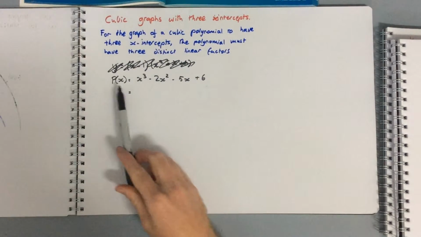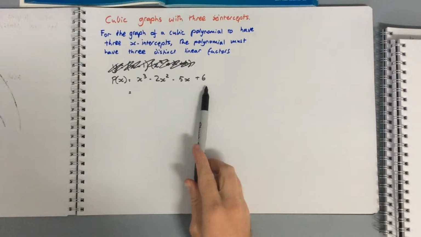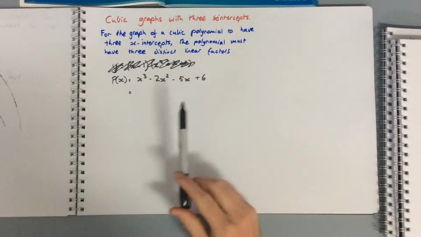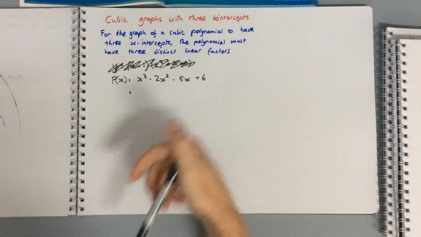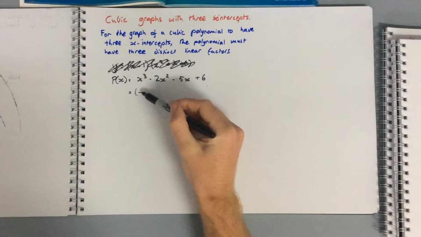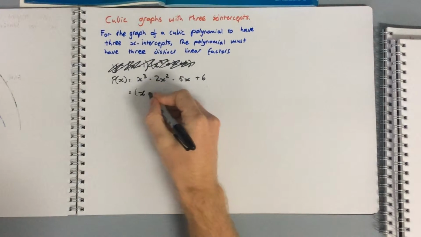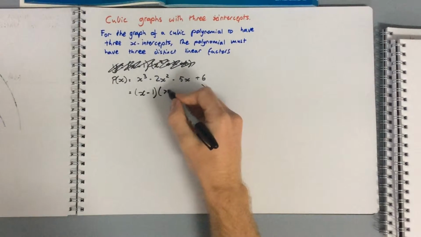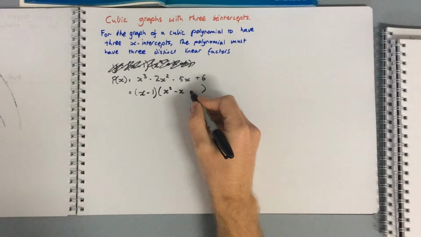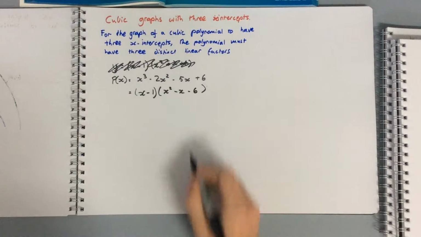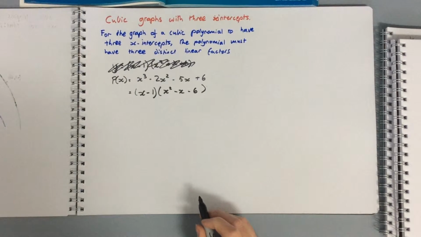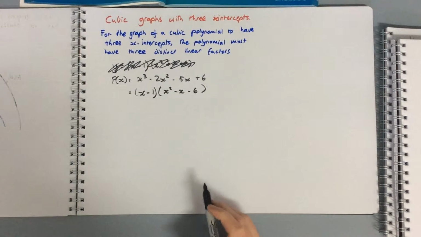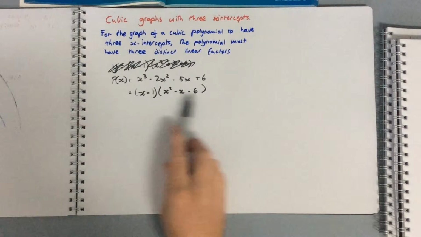So remember this example where we had to factorise this equation, and we found the first linear factor of x take 1, and then we got a quadratic. It was x squared take x take 6, using our factor theorem from a few videos earlier.